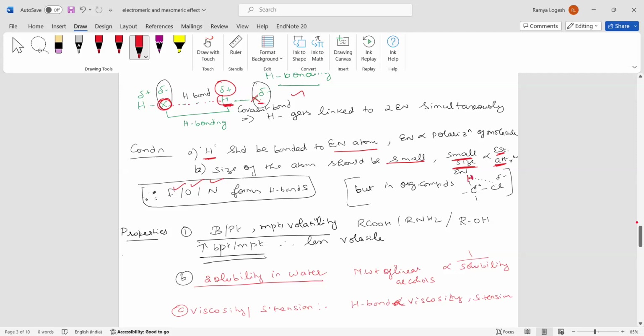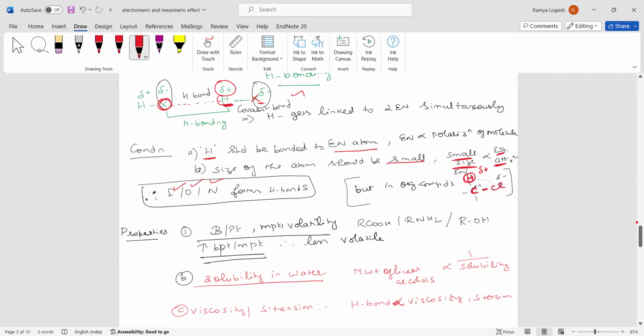Look at it. This hydrogen is bonded to carbon. But when you compare the electronegativity difference of carbon and hydrogen, they are not much different. They are very close. Carbon is a little bit electronegative, but not much difference like your halogen. But still, hydrogen forms a delta plus charge.